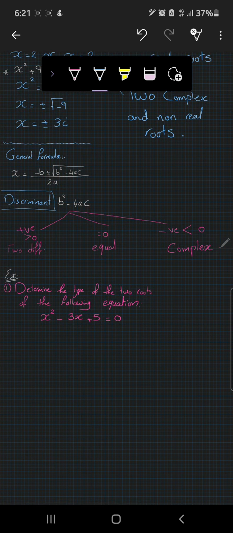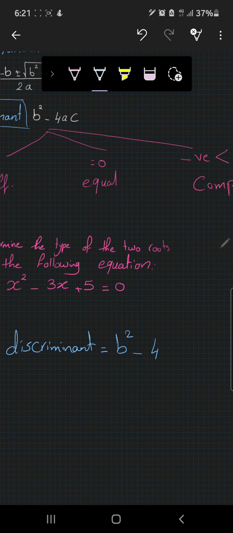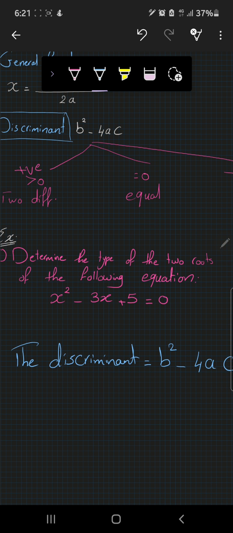For example, determine the type of the two roots of the following equation. We said before, without solving the equation. First, get the discriminant, b² − 4ac. The coefficient of x² is a, so a = 1. The coefficient of x is b, b = −3.